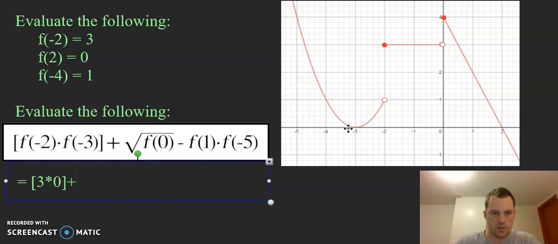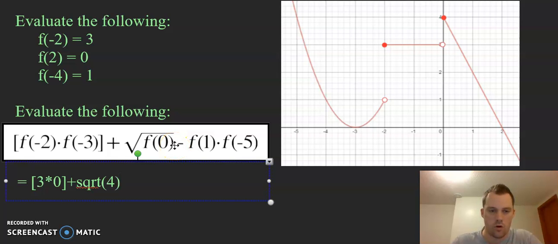And then plus square root. I can't type that, so I'll just type square root. f of 0. If x is 0, this is another part where we've got an open circle here, so we have to jump up, and we're using this value, so the y value is 4 for f of 0 here.